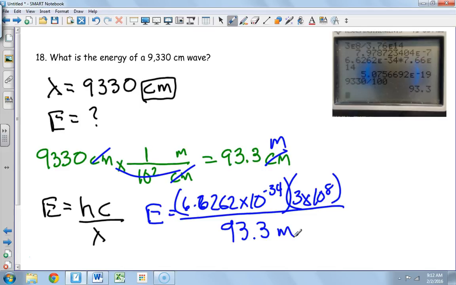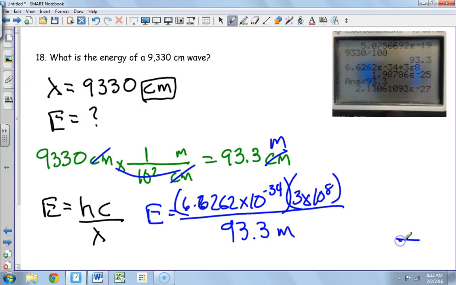Good. So now how does that look in a calculator? 6.6262 E negative 34 times 3 E 8. Remember that E means times 10 to the. Now I'm going to hit enter just because that's my numerator, and now I'm going to divide that whole thing by 93.3.